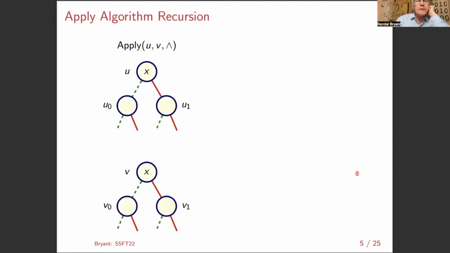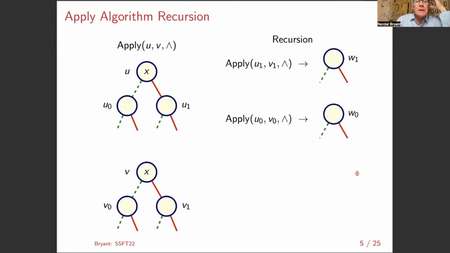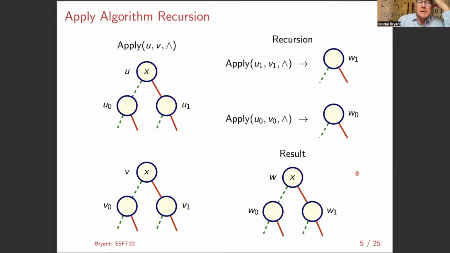And now when we do the apply algorithm, assume that we're doing the AND operation, and we're doing it over root nodes u and v, both of which depend on variable x. And so, in general, that will create new nodes w1 and w0, and we combine those to create a node with variable x that we'll call w.